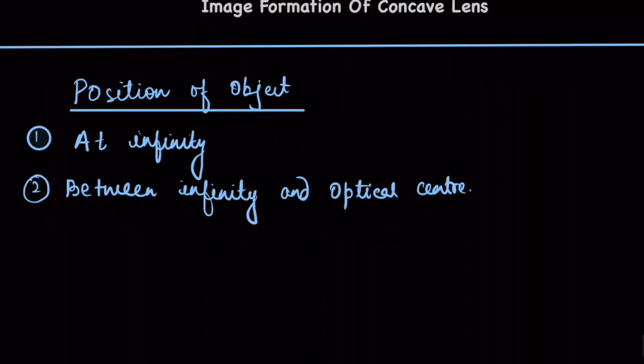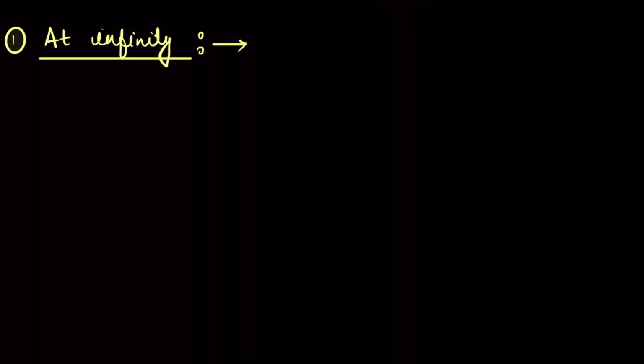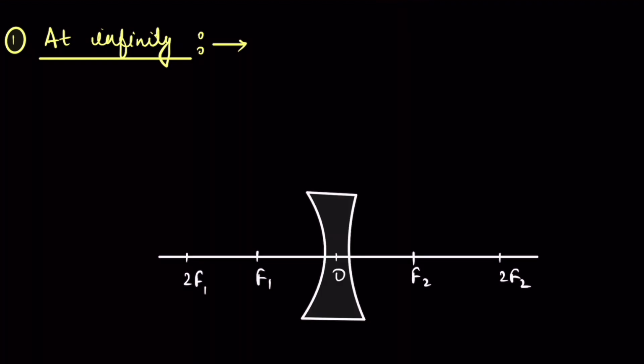So let's move to the first position of the object of concave lens, which is at infinity. Let's draw the concave lens. So as we know, when the object is at infinity, it means that incident ray is parallel to the principal axis.